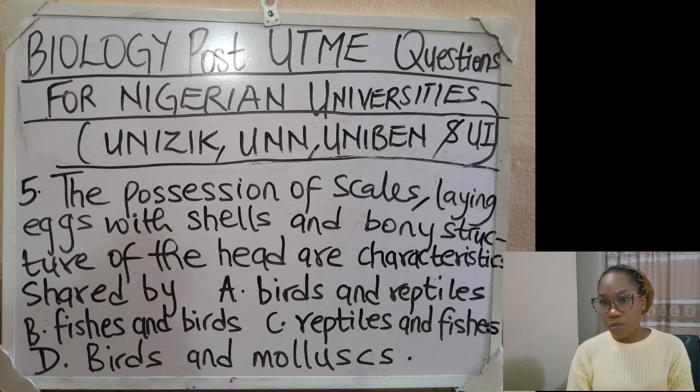Amphibians have a moist body that could look a bit rough or smooth. Like in the frogs, it's smooth, while in the toads, it's a bit bumpy. Then another place you can see scales is in what? Birds. Birds have feathers on their body, but on their legs they have scales. So another characteristic there is the laying of eggs with shells.